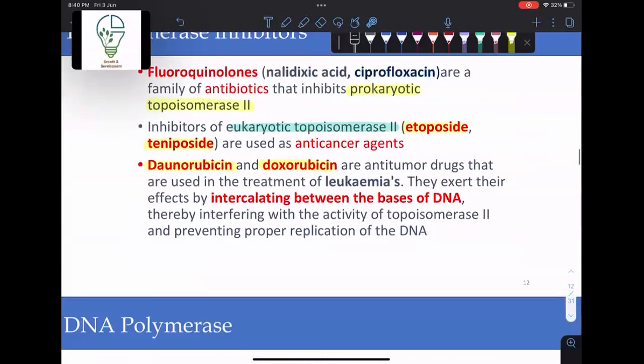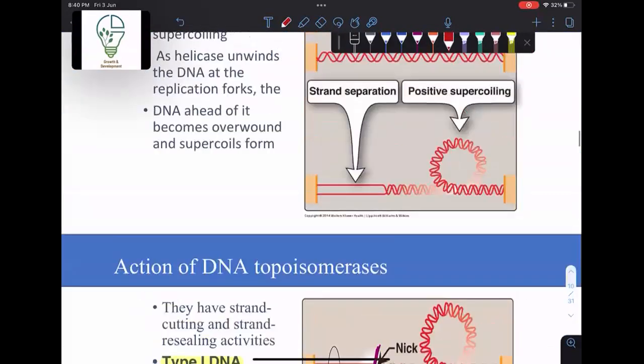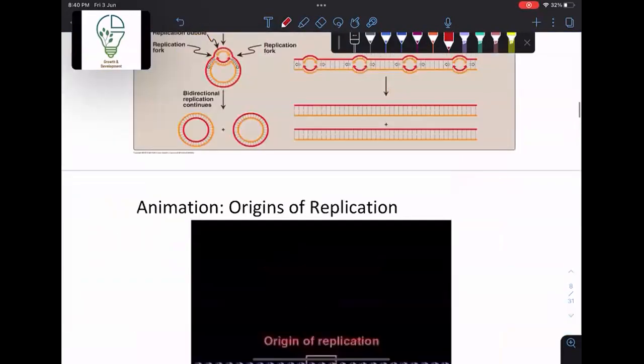All right. And daunorubicin and doxorubicin are again anti-tumor drugs or chemotherapeutic agents that are used to treat leukemia, so cancer of the blood cells. What they do is that they go and attach between the DNA molecules. So let's go back here and I can show you where they actually attach.